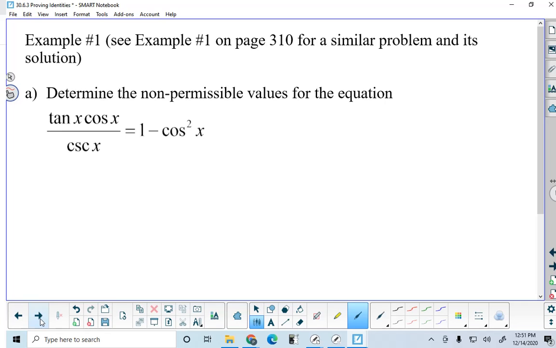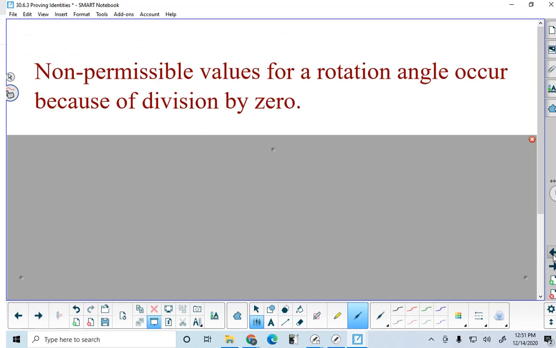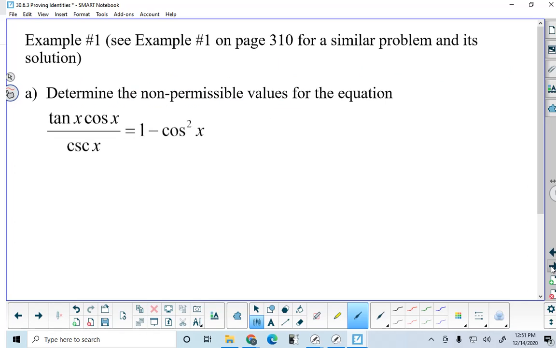So we are asked to determine the non-permissible values for that equation. Remember that non-permissible values happen because of division by 0. So when we find the non-permissible values here, we ask ourselves if there are any denominators in this. Now, I'm not working on the proof yet.